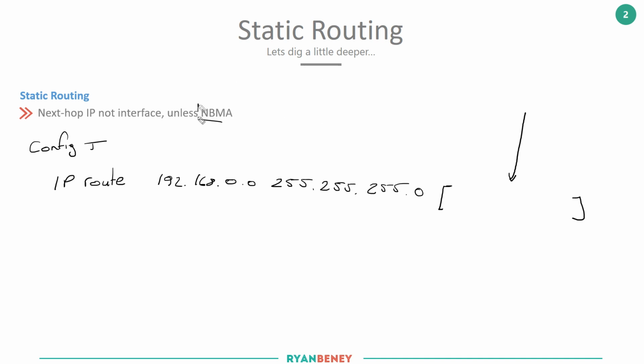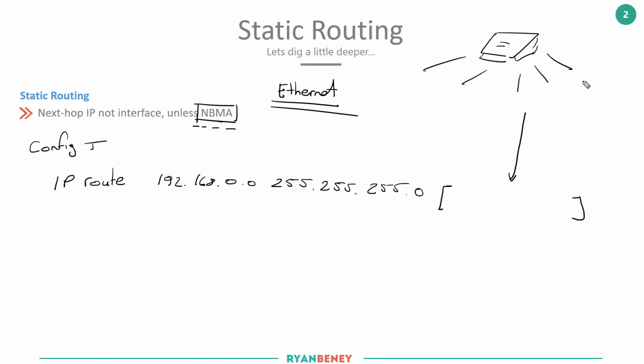Well, first of all, let's address what an NBMA is. NBMA stands for non-broadcast multiple access. Now, if you think about Ethernet, we've had a good discussion around the history of Ethernet and what it allows us to do, and I'm sure that we can all agree that if you have a switch and you have multiple PCs connected into that switch, then we can send broadcast traffic into the switch and it will be sent back out to all the other ports, let's say if we're doing something like ARP.